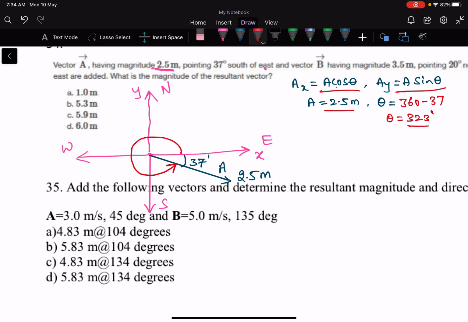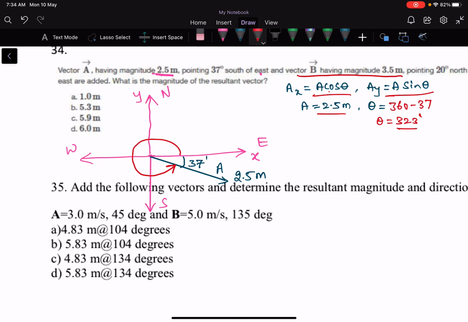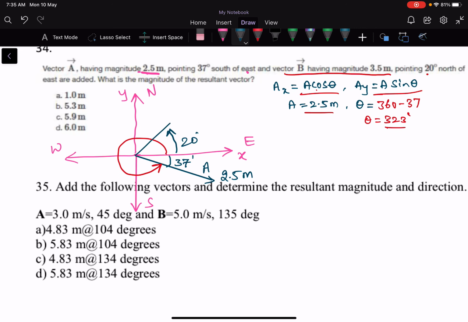Now vector B having magnitude 3.5 meters pointing 20 degrees north of east. That means from east to north, at an angle of 20 degrees. Vector B is pointing like this.